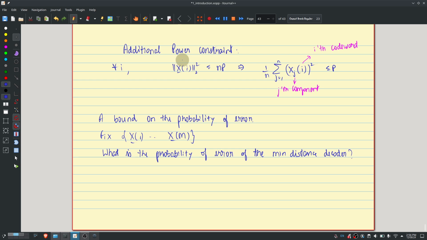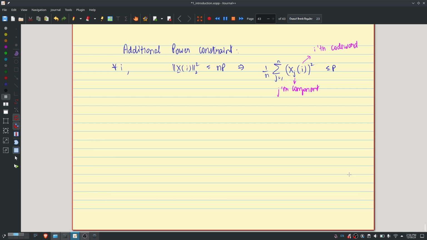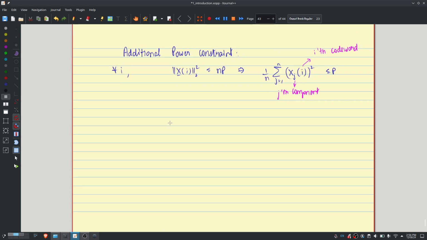Okay. So the geometric interpretation of this is, if you think of these code words as points in n-dimensional space, then what this power constraint basically says is that all of these should lie within a ball of radius square root n times P. Right, so maybe that's a useful point to make note of.